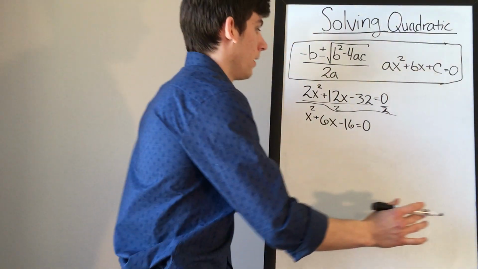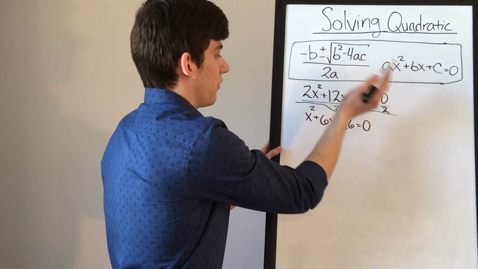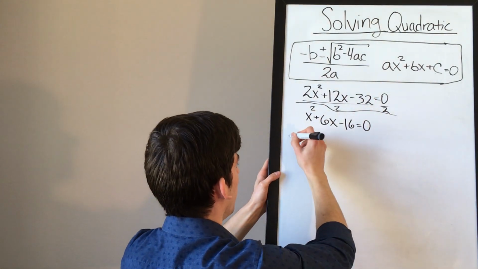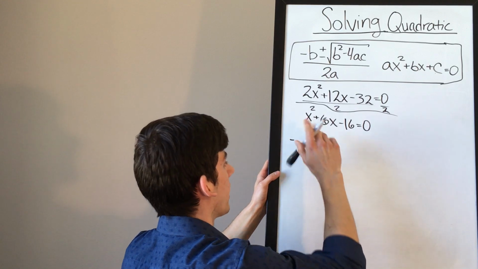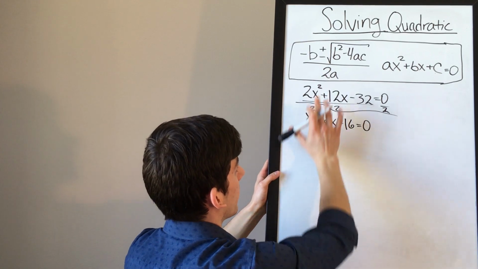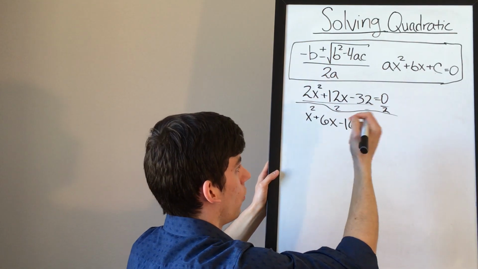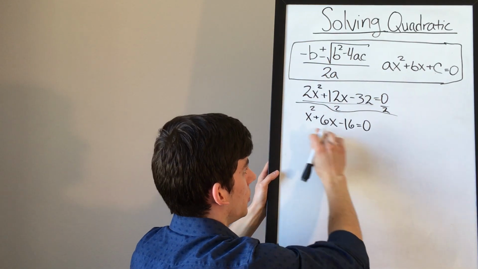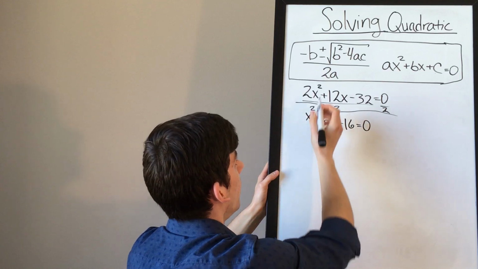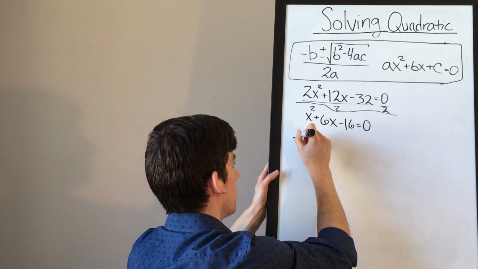So the quadratic formula says negative b. What's our b? Again, this quadratic formula gives us the 0, 1, or 2 solutions to this equation, right? So negative b, so negative 6, right?